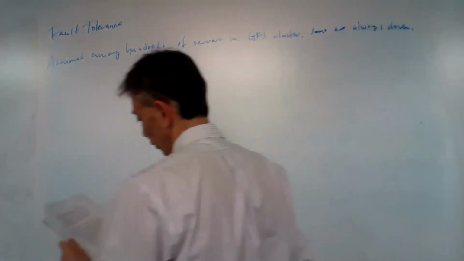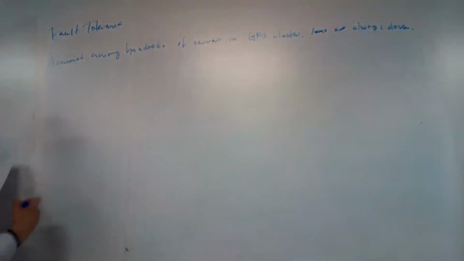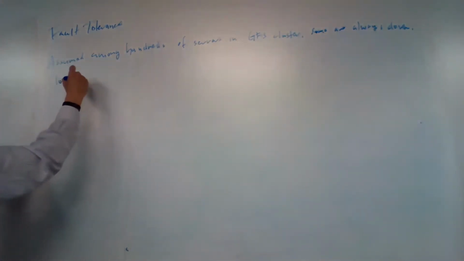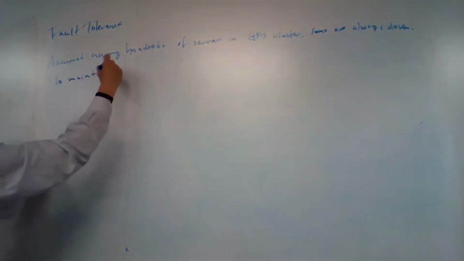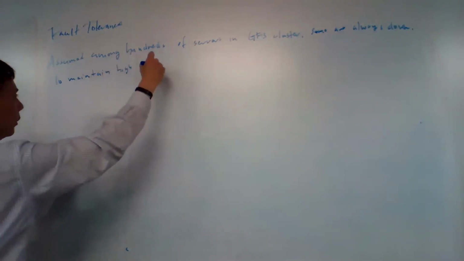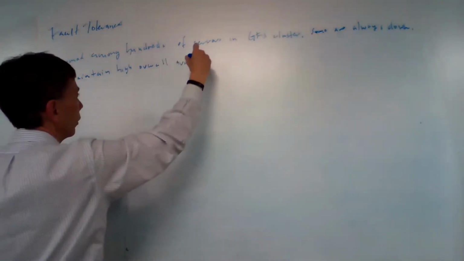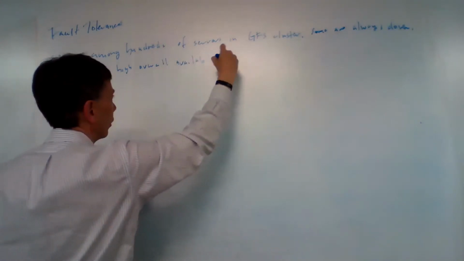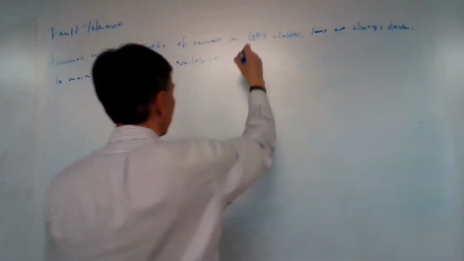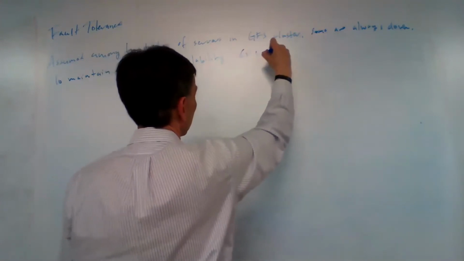I think that 15% is the number that they assume. So to maintain high overall availability, GFS provides fast recovery and replication.